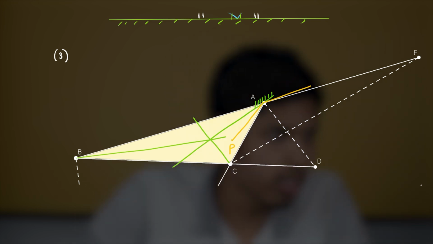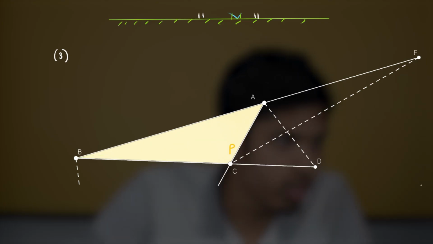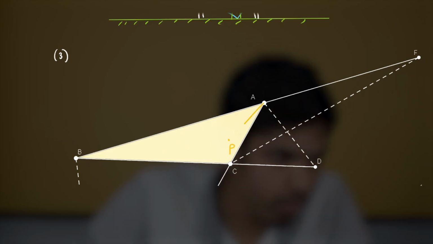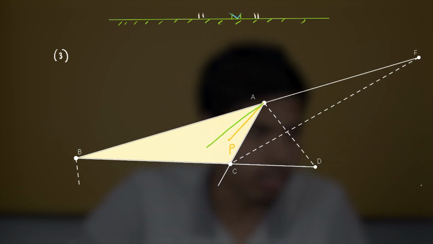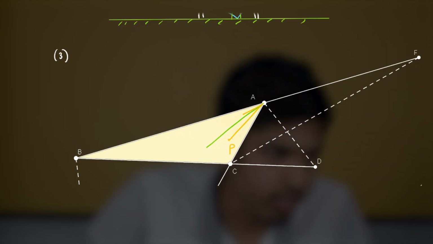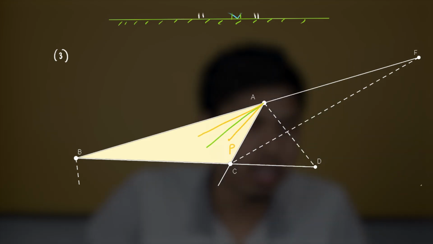And therefore, this can be depicted in the following way. If you consider the point P and join it with AP, the reflected ray is nothing but the ray that makes equal angle with the internal angle bisector at A. So it's like this.